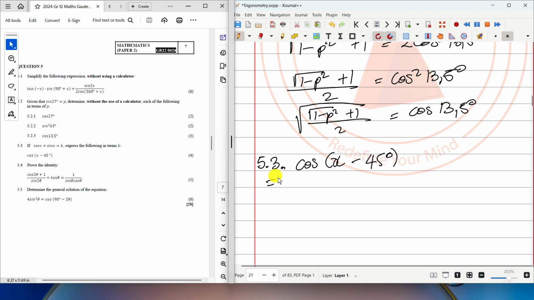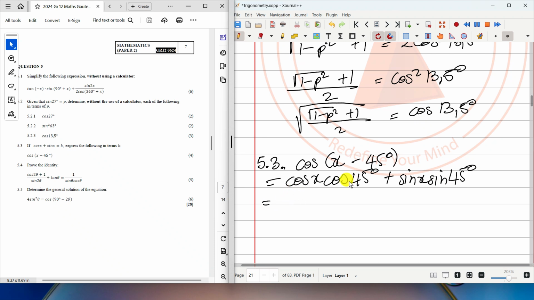What we know, the compound formula of cosine: since it's a minus, it will be cos cos plus sin sin. So this is cos x cos 45 degrees plus sin x sin 45 degrees.